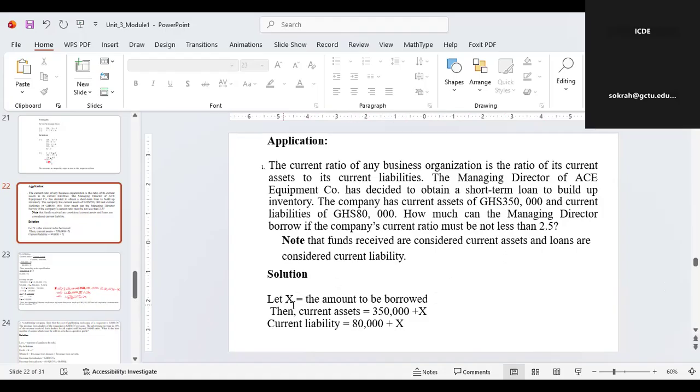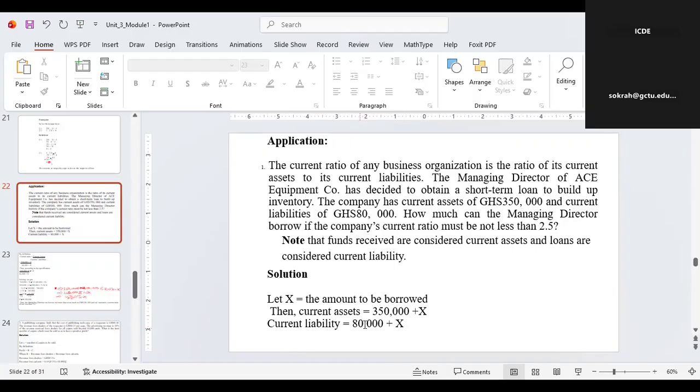If we have represented that by X, it means what we are going to look for is X. Now the current assets is 350,000 plus X, the amount you are going to borrow, because if you borrow, it adds to your assets. Then current liabilities will also be 80,000 plus X. That's the loan that we are going to take.